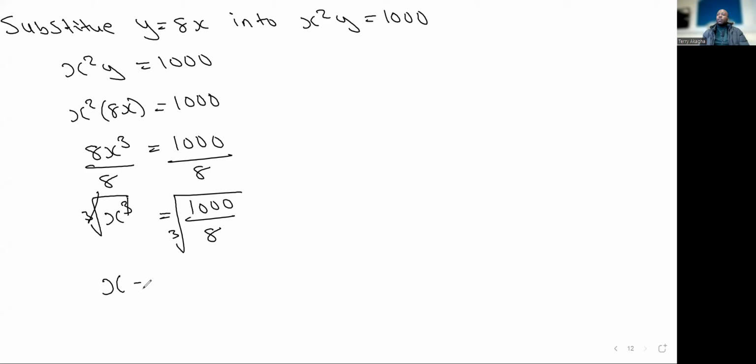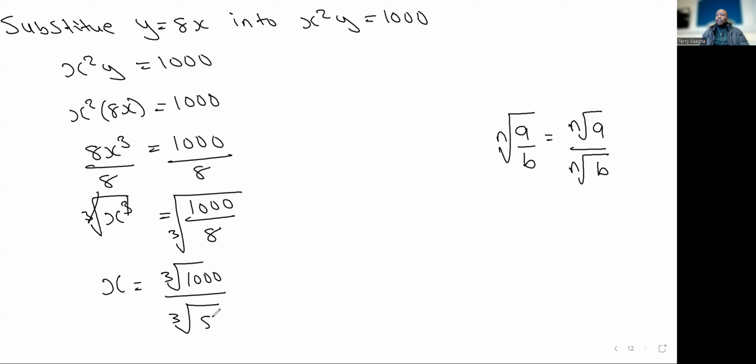So we have x is going to be equal to, remember in the laws of indices, I told you that the nth root of a over b is the same thing as the nth root of a divided by the nth root of b. So the same thing as saying the cube root of 1000 divided by the cube root of 8. And this is going to give us 10 divided by 2, and the answer is going to be 5. So therefore, x is equal to 5. So we now know the value of x.